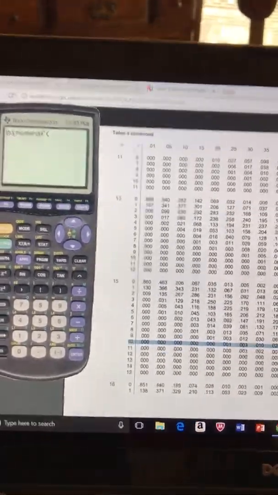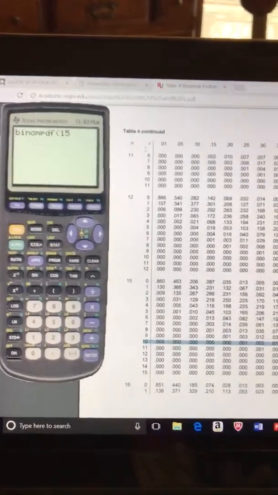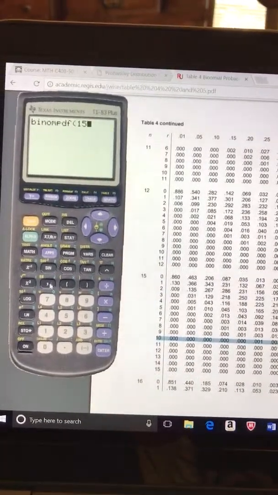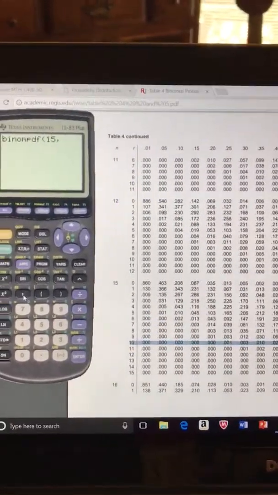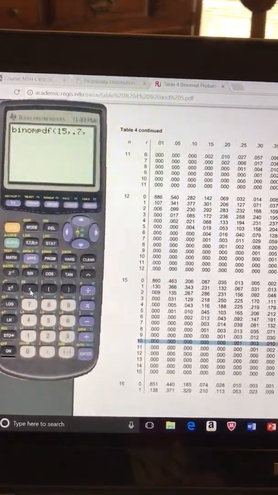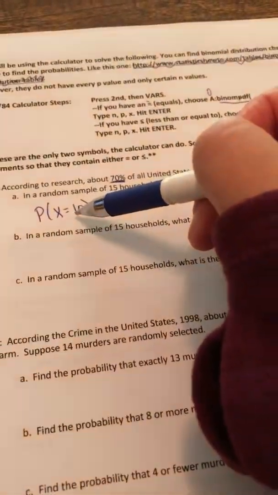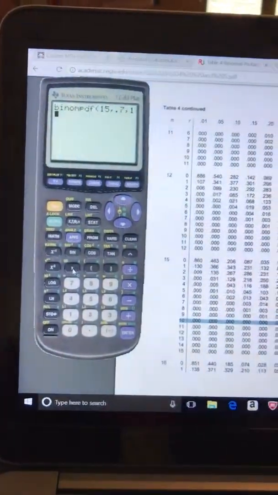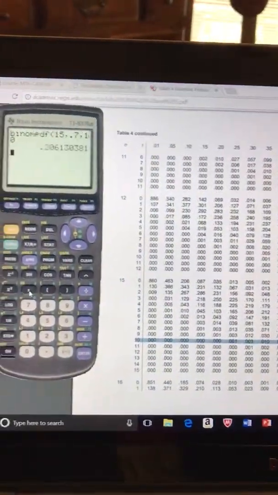You type n first, so our n is 15, and this is why I say write it down, because then you already have it, comma, p is next, our p is 0.7, and then whatever your X is. So in this case, we're talking about 10. Basically whatever's in that parentheses with your X, you type next.